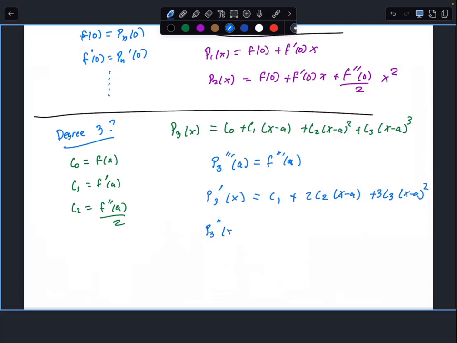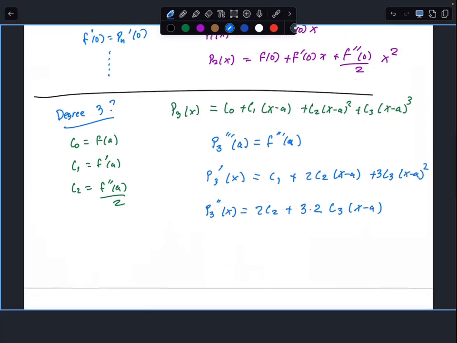P3 double prime of x would give me 2C2 plus 3 times 2 times C3 times (x minus a). And the reason why I'm specifically writing 3 times 2, which I do know is 6, is that we can see a pattern that will arise.